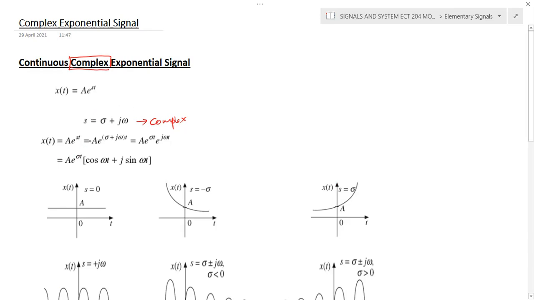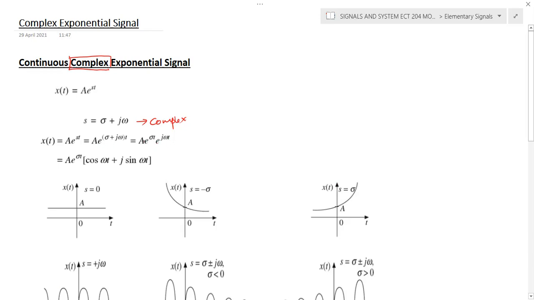If you substitute s equal to sigma plus j omega, it becomes a e raised to sigma plus j omega t. So you can split this into e raised to sigma t into e raised to j omega t.